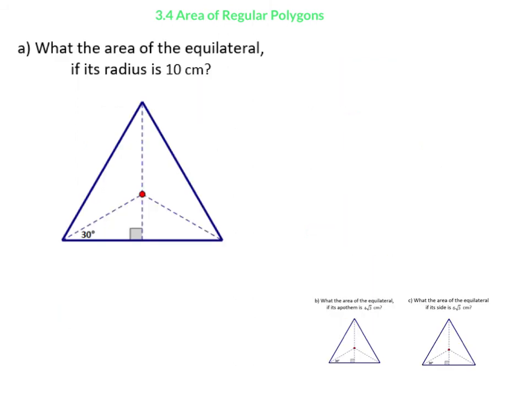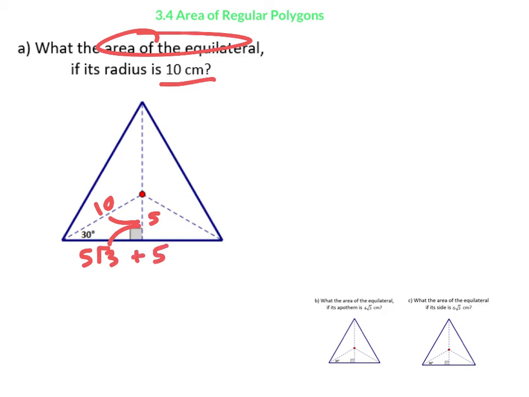All right, let's put it all together. My radius is 10. What is the area? So 10 is this. I know I'm in a 30-60-90. This would be 5, and then this would be 5 root 3, and this would also be 5 root 3. I am going to use my new formula, 1/2 the apothem times the perimeter. My apothem is a 5, as I found out.